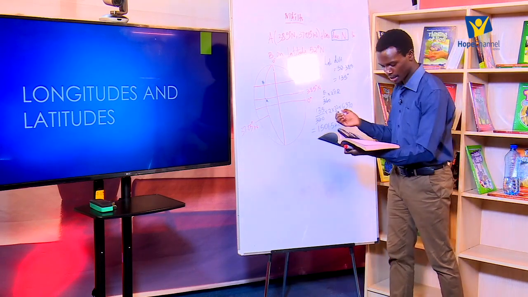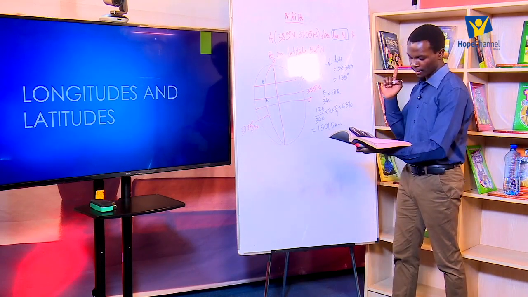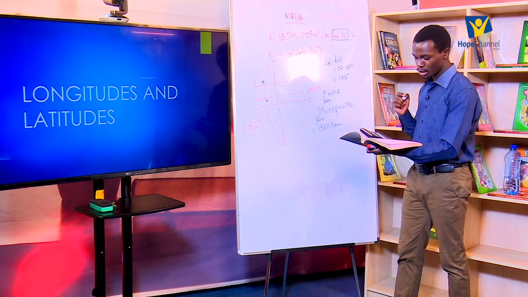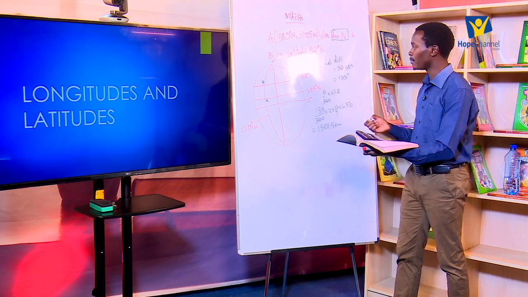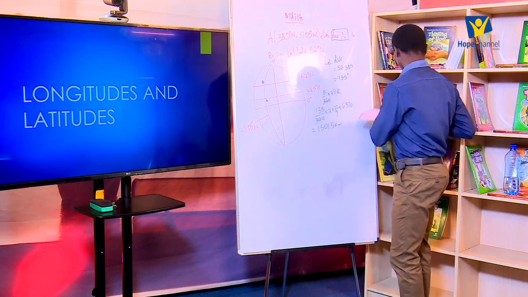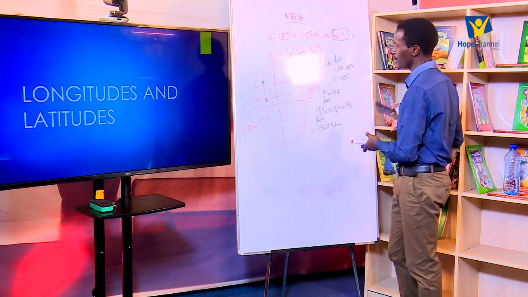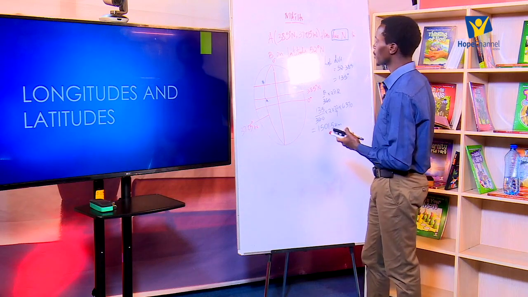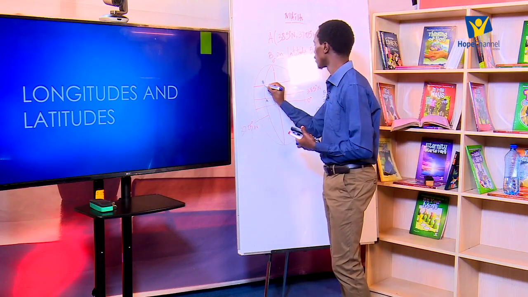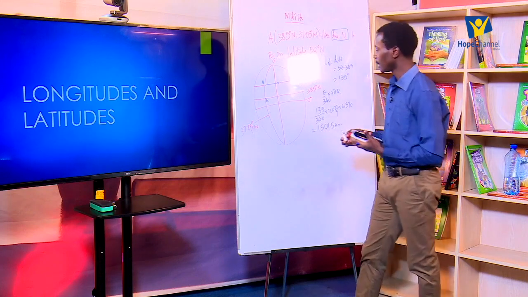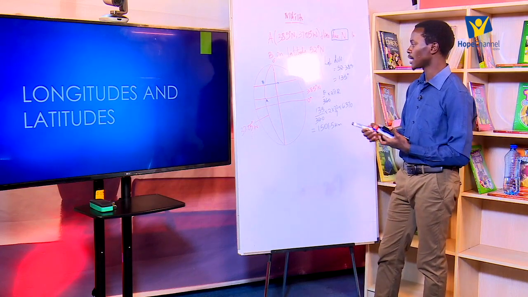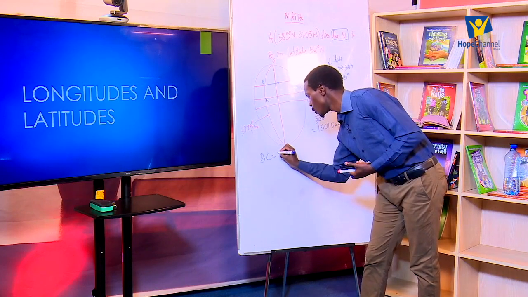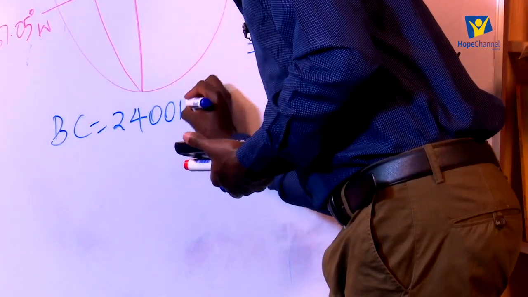Now part B. Part B says that the plane then flies due east to a point C that is 2,400 kilometers from B. Now after the plane arrives at B, it flies due east. Now you see due east, east is always to the right, and therefore it flies due east to a point C that is 2,400 kilometers from B. So BC is 2,400 kilometers.